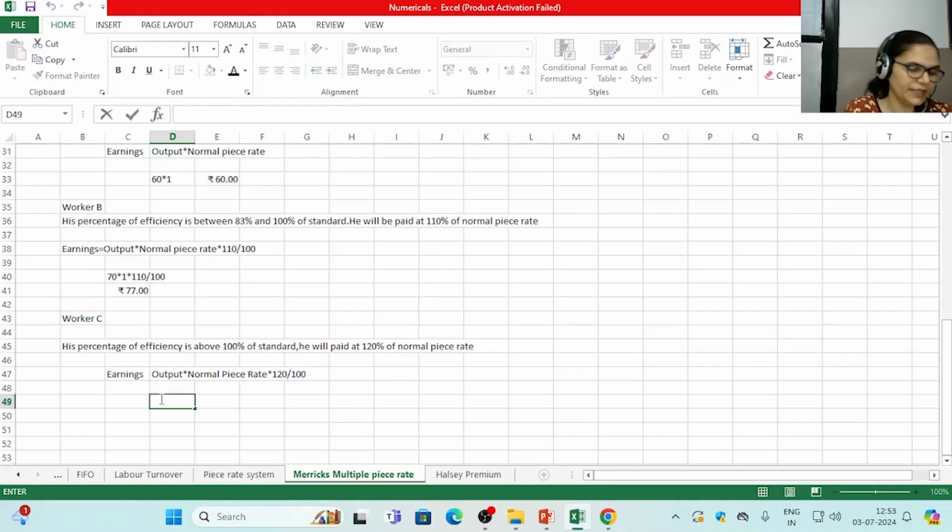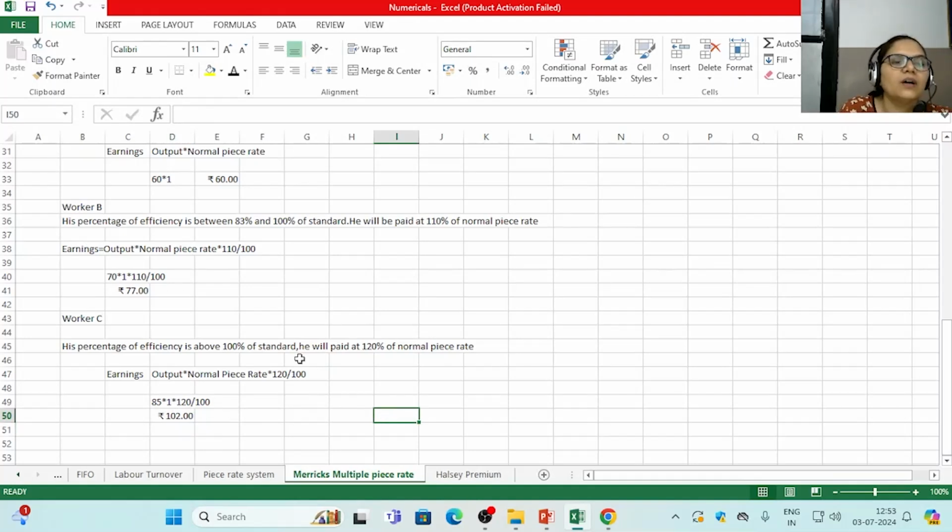So output is 85 into 1 into 120 divided by 100. It will give you rupees 102.